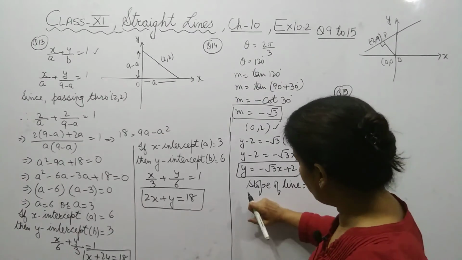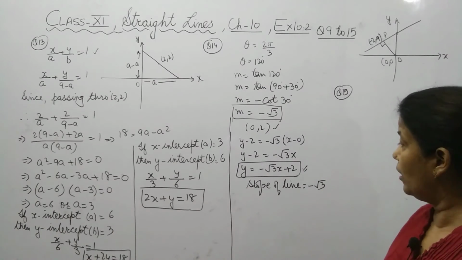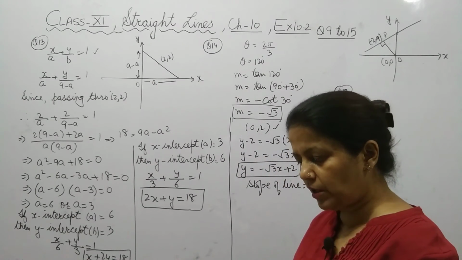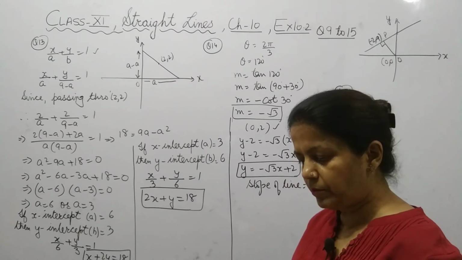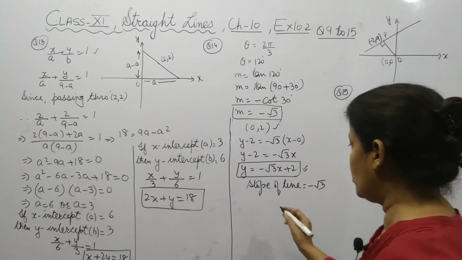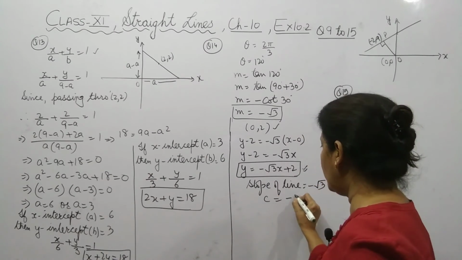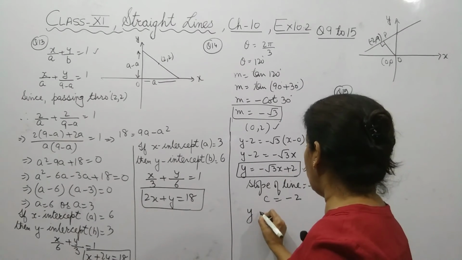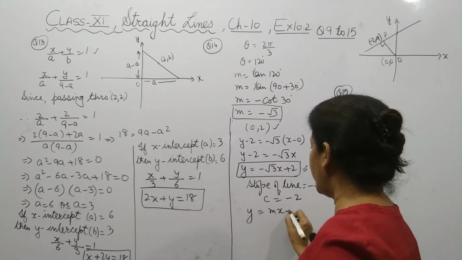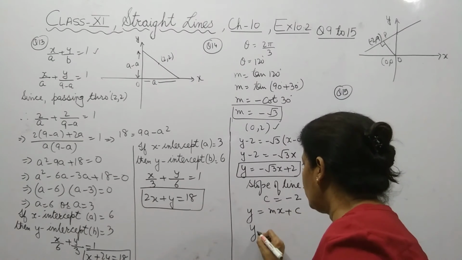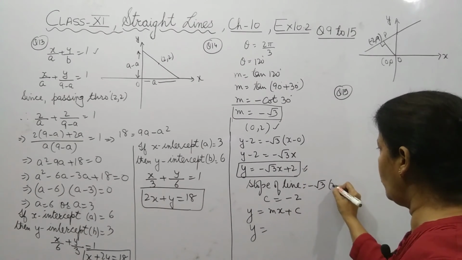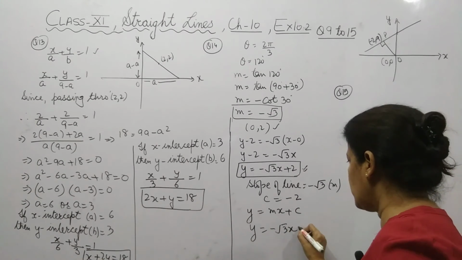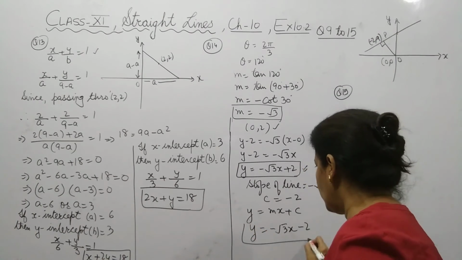The equation whose slope we have to find has slope minus root 3, and further it is written crossing the y-axis at a distance 2 below the origin. So here c equal minus 2, below the origin, negative sign. Now you will use the formula y equal mx plus c. So the equation is y equal minus root 3 x minus 2, where minus root 3 is the slope m and c is minus 2. So this is the equation of the line.